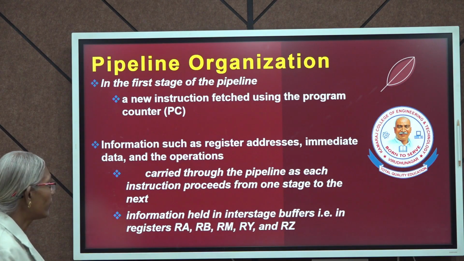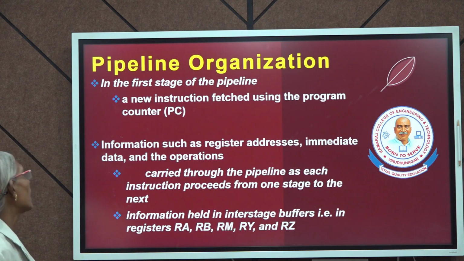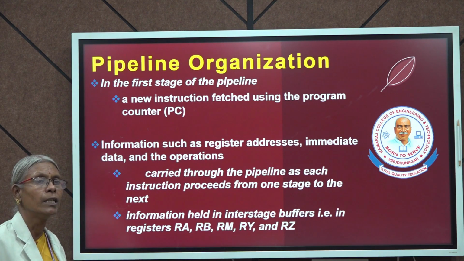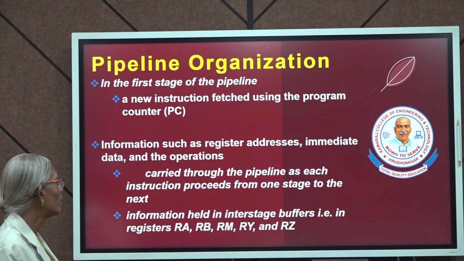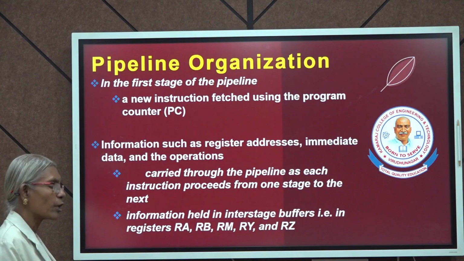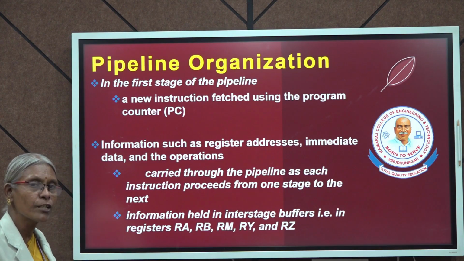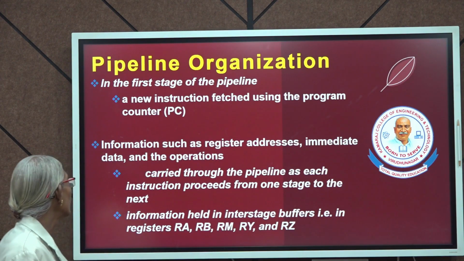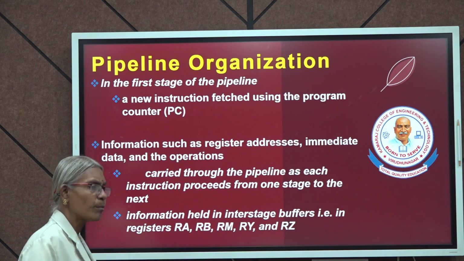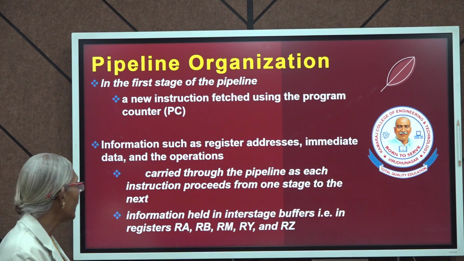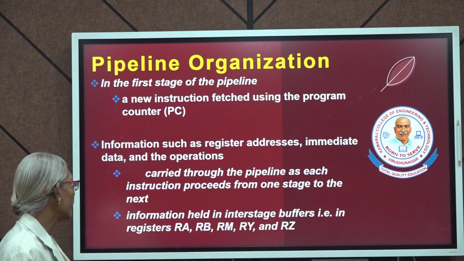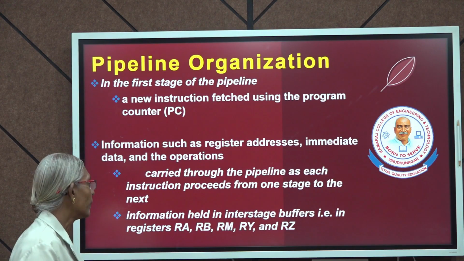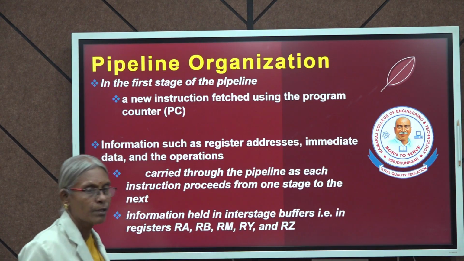Information like register addresses, data and operations is carried through the pipeline as each instruction proceeds from one stage to the next. This information is held in the interstage buffers, for example register RA, register RM and register RY.